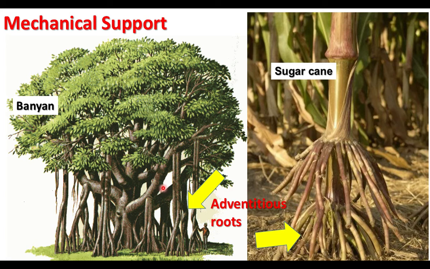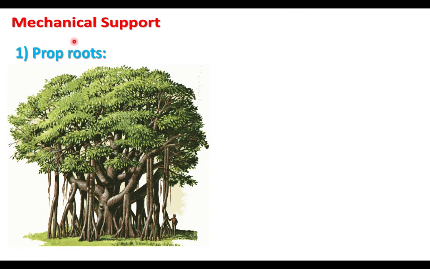What is the function of these modified roots in banyan tree and sugarcane? Mechanical support. The roots support the plant. The roots give additional support. In banyan tree, the roots look like pillars. They grow downward and enter into the soil to support the plant.